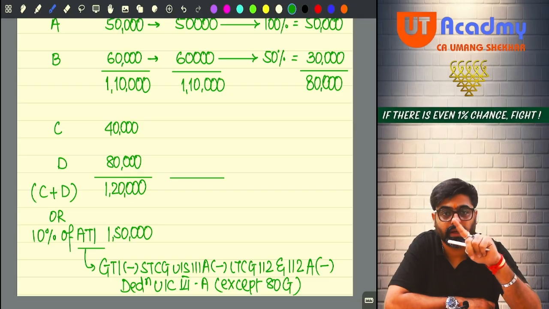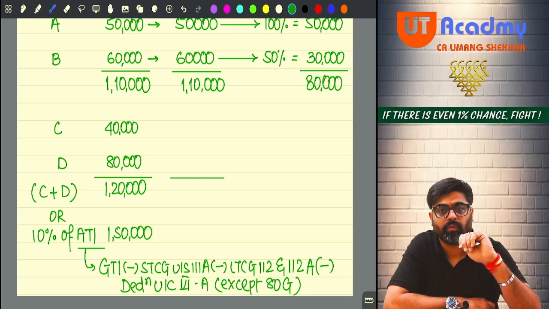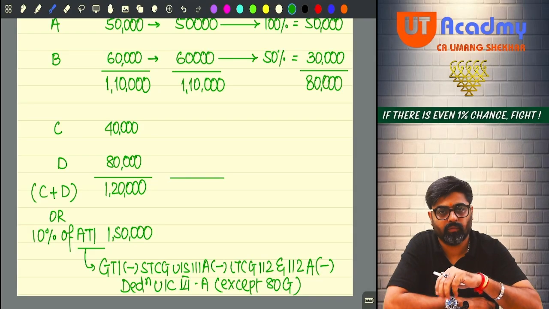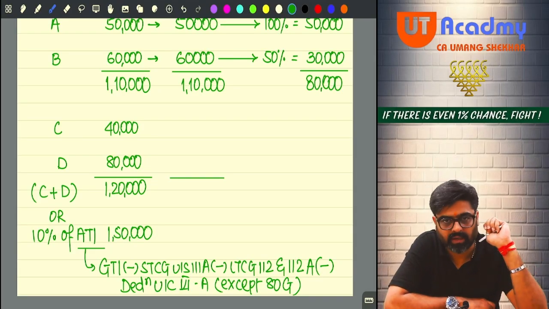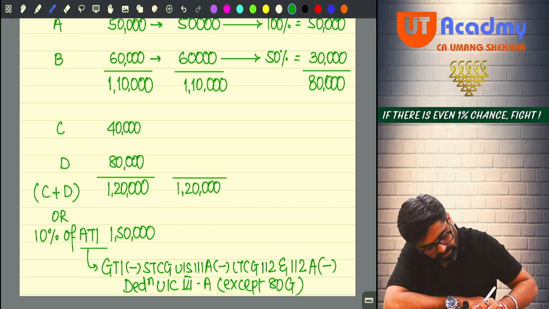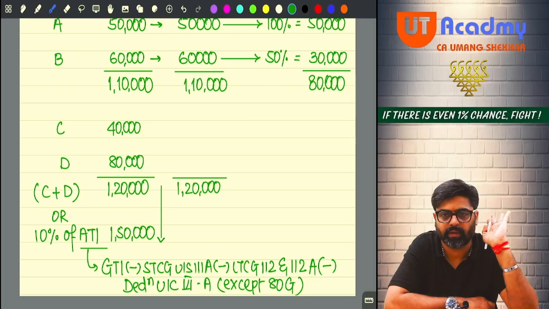Both taken together cannot be more than 1,50,000. So if you are donating for C and D 1,20,000, which is within the limit of 1,50,000, you qualify entire 1,20,000. So can I say in short this or this, whichever is lower? To that extent the amount will qualify.